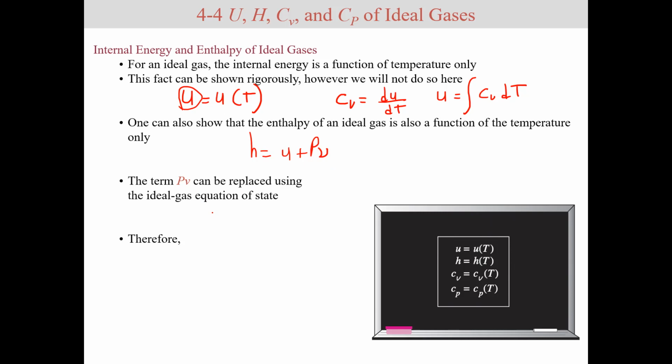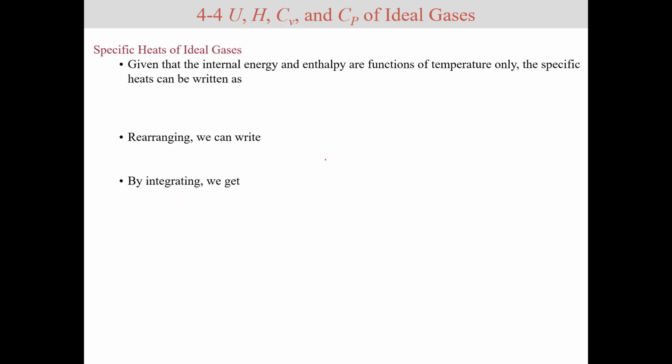If I have an ideal gas, I can replace Pv, which is equal to RT, only for an ideal gas. Therefore, enthalpy equals u plus RT. Therefore, concluding also that enthalpy is a function of temperature only, but only for an ideal gas because I used the ideal gas law. Right? It's important that we understand our assumptions.